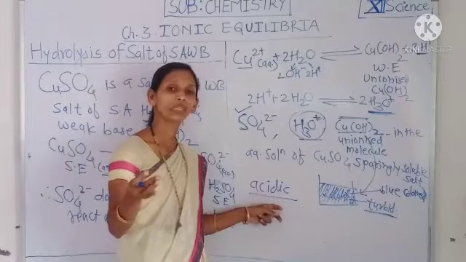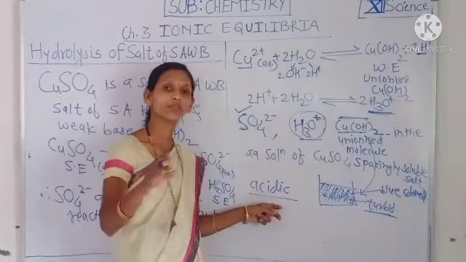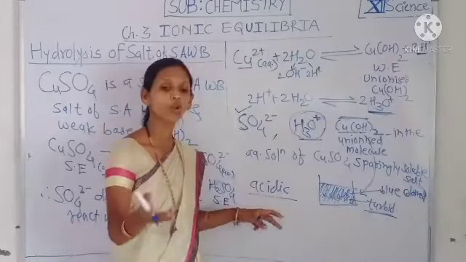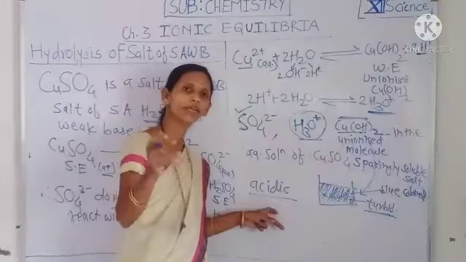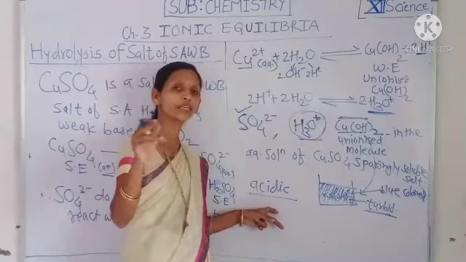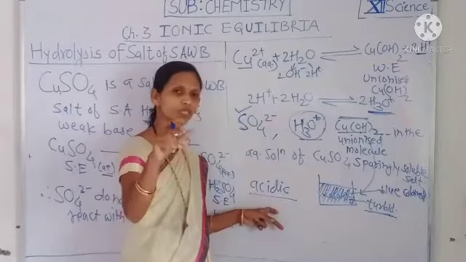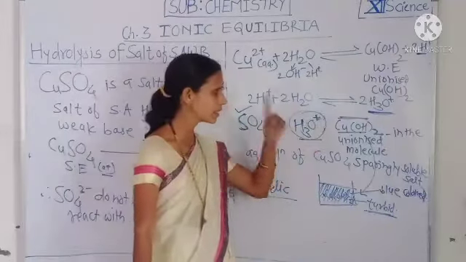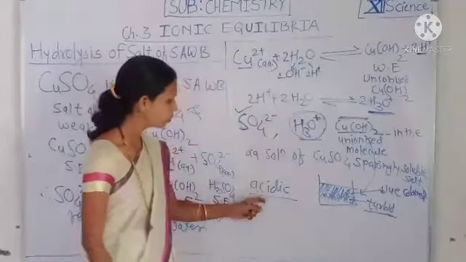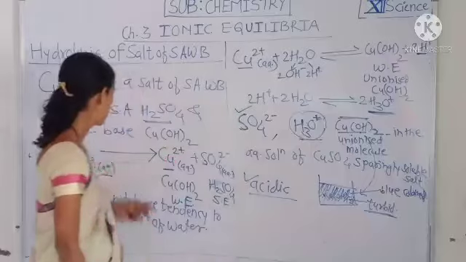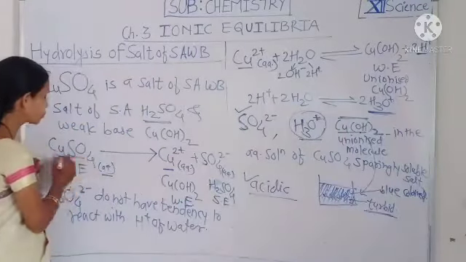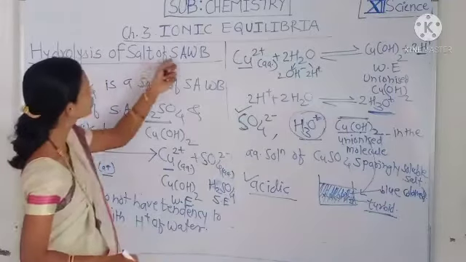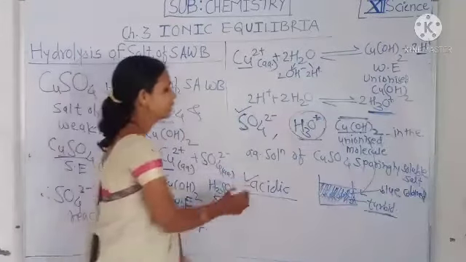And if the aqueous solution of a salt contains an equal number of moles of hydronium ion and OH minus ion, then that solution is neutral. Then in this solution, hydronium ions are greater. Therefore, the aqueous solution of CuSO4, the salt of strong acid and weak base, is acidic in nature.